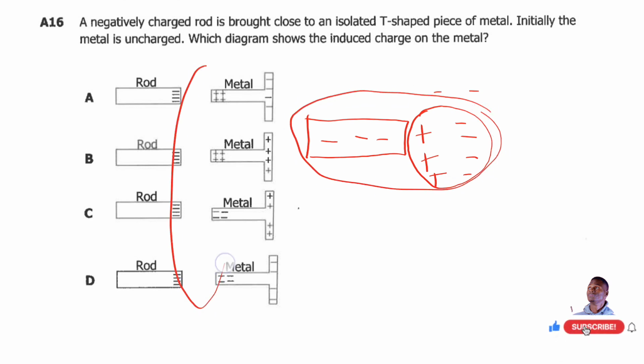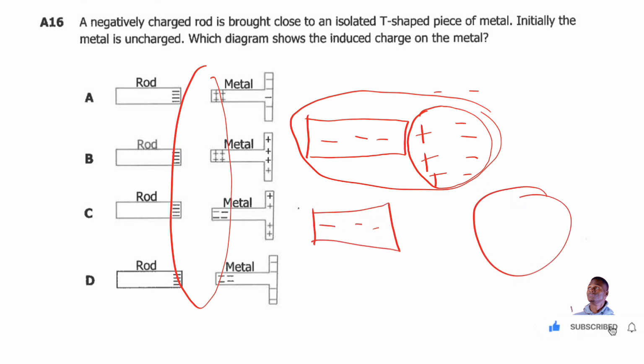Now when you look at this, there is no contact here, so this is by induction, not conduction. You just need a rod here and it says negative. You have a metal this side, so there will still be repulsion.